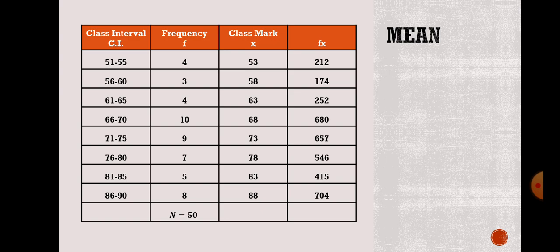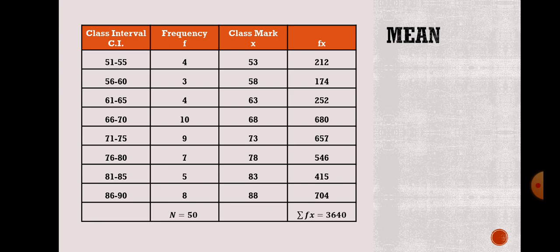So 212 plus 174 plus 252 plus 680 plus 657 plus 546 plus 415, and then plus 704. Therefore, we will be having 3,640 as the summation of f times x.